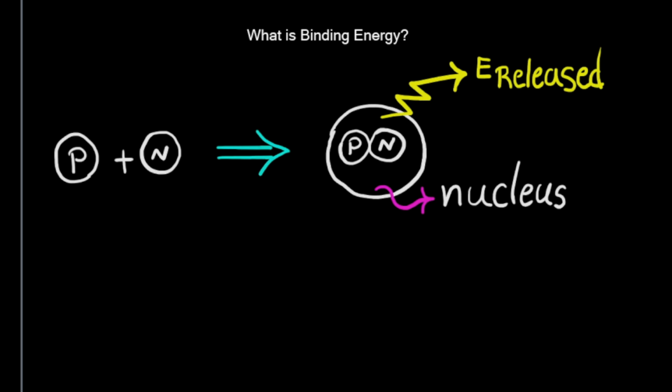So, binding energy is the energy that is required to break the protons and neutrons apart. It is also the same energy that is released when protons and neutrons come together to form the nucleus.